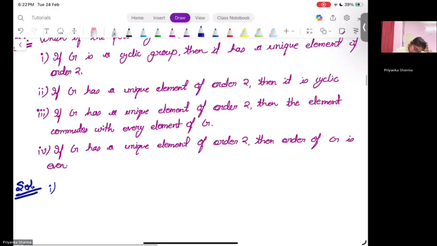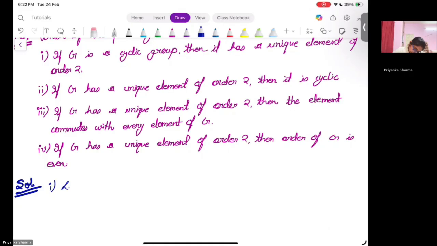So let G be a finite cyclic group of odd order.